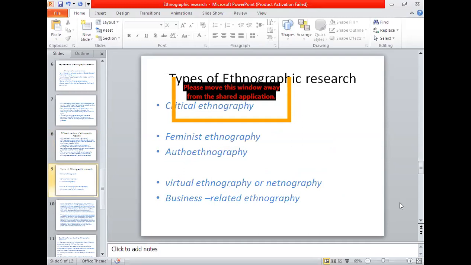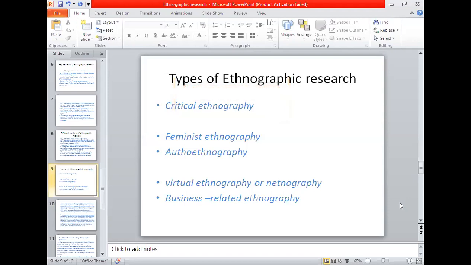Critical ethnography is based on some type of theoretical explanation. Feminist ethnography would again be based on feminist theory. Auto ethnography, auto means the researcher's own understanding and analysis would also be given importance.